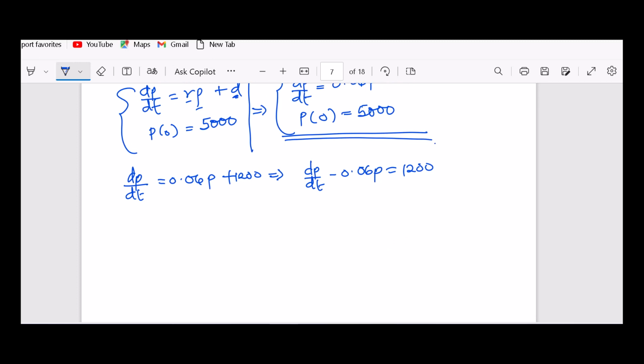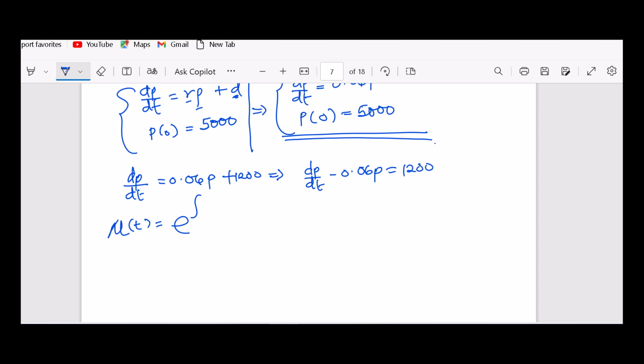So here we just have to identify the integrating factor, mu. The variable of interest is t, so mu of t equals e to the power of the integral of p of t.